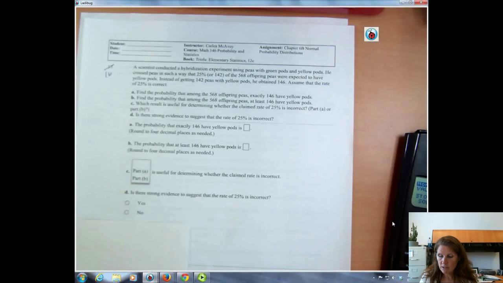He crossed peas in such a way that 25%, or 142, of the 568 offspring peas were expected to have yellow pods. Instead of getting 142 with yellow pods, he obtained 146. Assume that the rate of 25% is correct. Find the probability that among 568 offspring peas, exactly 146 have yellow pods.